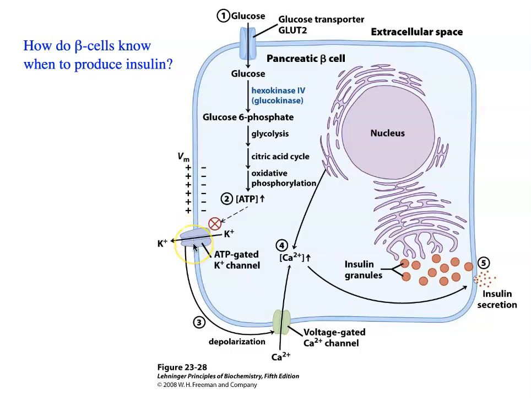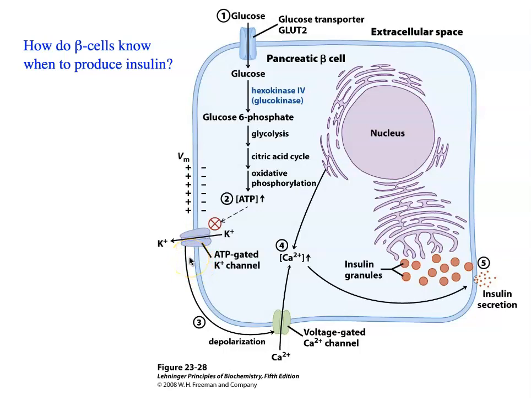When the potassium channel is closed, potassium does not come out of the cell. Normally, when that happens, the result of that closure will be a depolarization of the membrane.